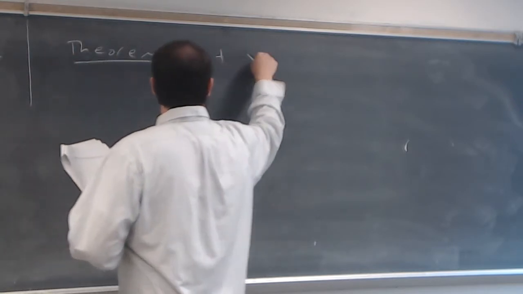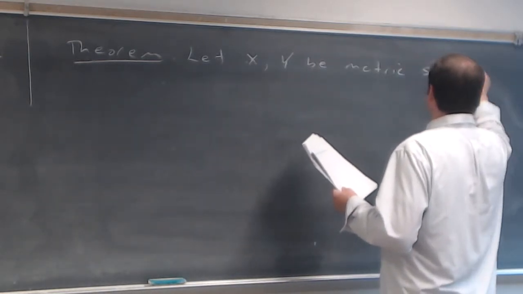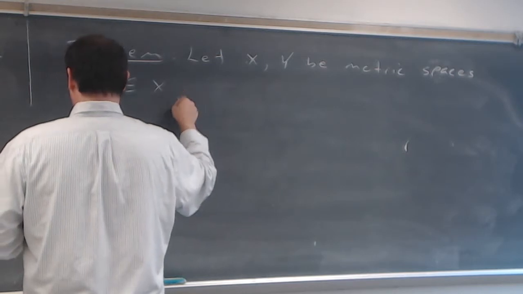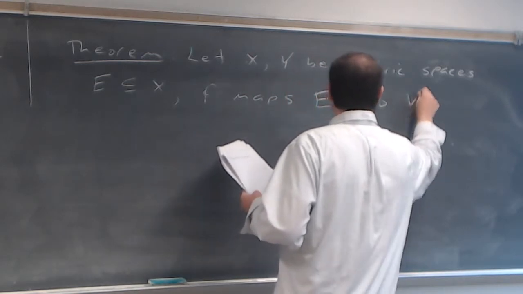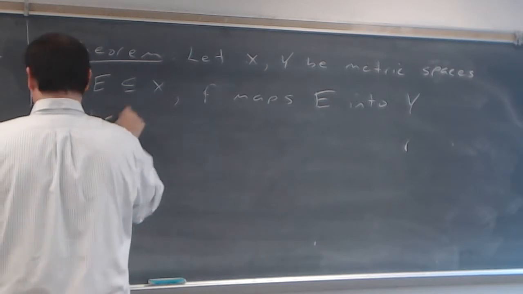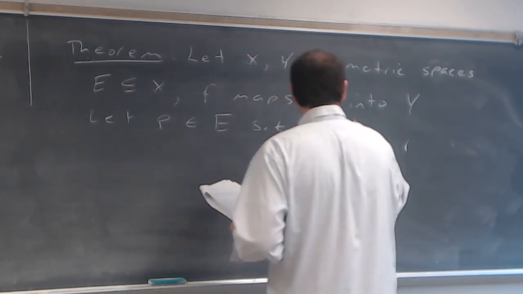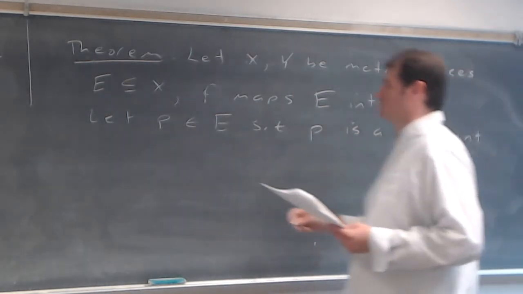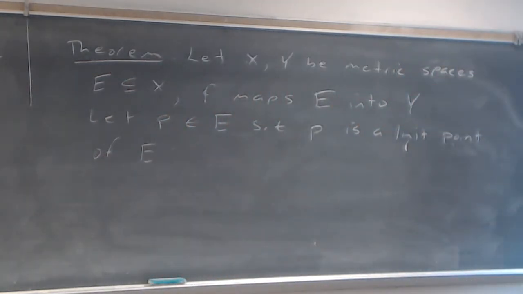We're going to let X, Y be metric spaces, E be a subset of X, and f maps E into Y. We're going to let P be an element of E such that P is a limit point of E. Okay, look, in E you only have two types of points. You're either a limit point or you're an isolated point. That's it.